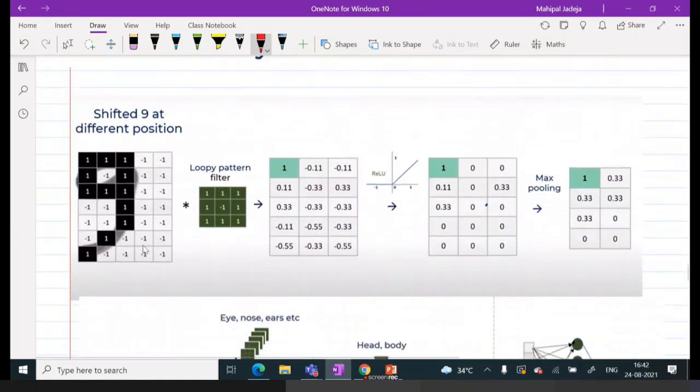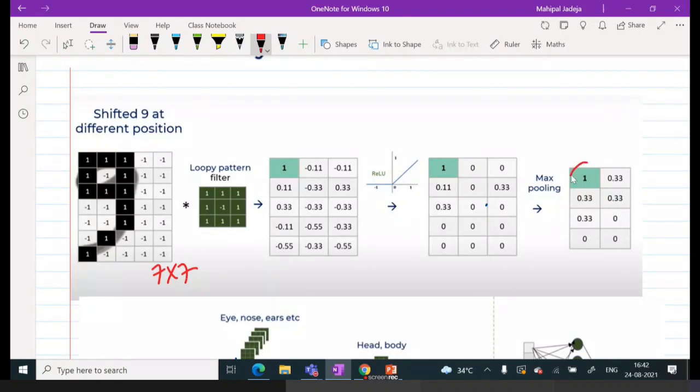So now, as you can see, even if your location is shifted, you will be able to identify the pattern like this. So you can see the circular pattern is present here. You will apply ReLU, and after max pooling, 1. So now I want to just highlight this thing. You can count 1, 2, 3, 4, 5, 6, 7. So this is kind of a 7 cross 7 image, and you can see the essence of the image, which is nothing but the circular pattern.